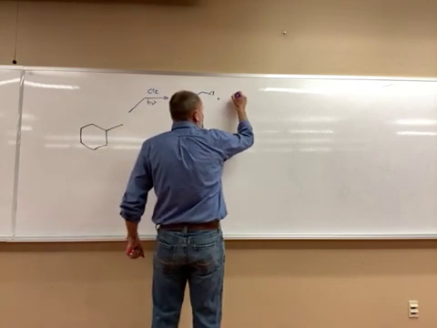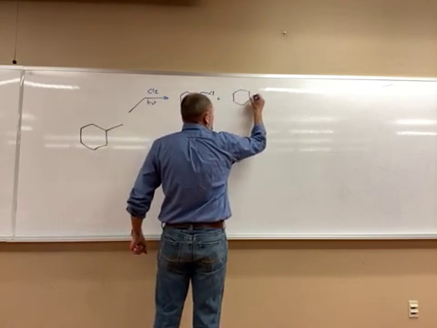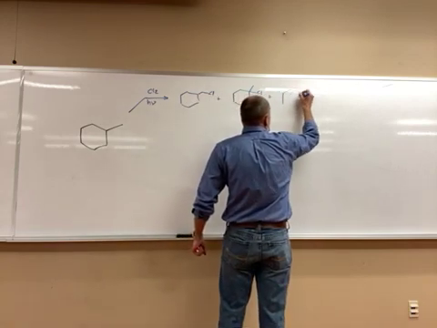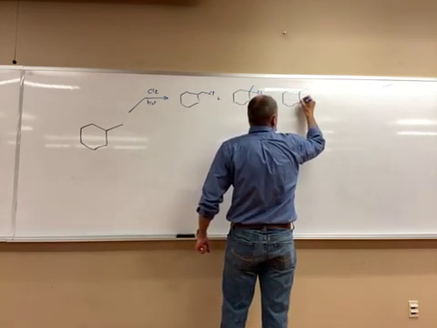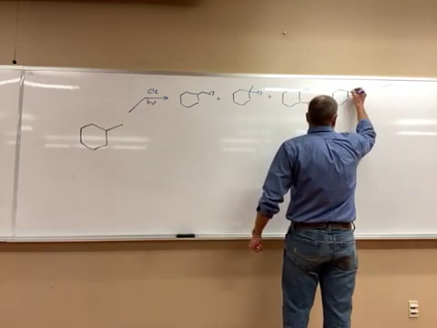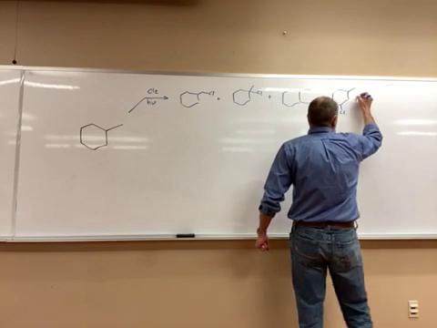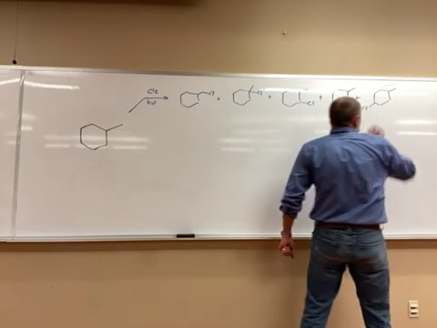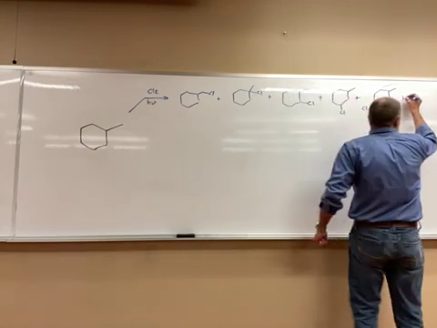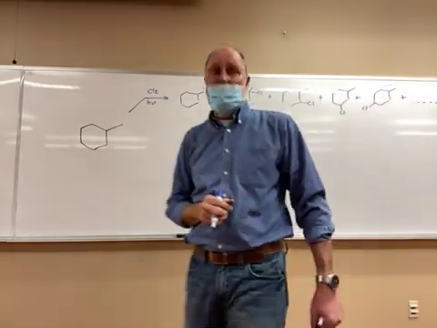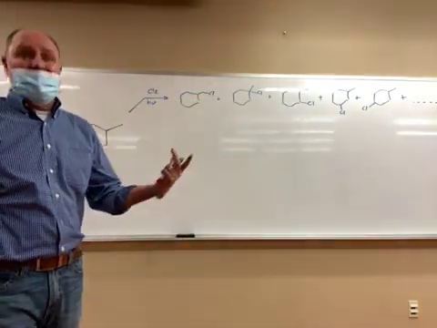I get out this. I get out this. I get out this. And I get out this. And not only that, I also get a bunch of dichlorines and a bunch of trichlorines. And you see that synthetically it's just not useful.